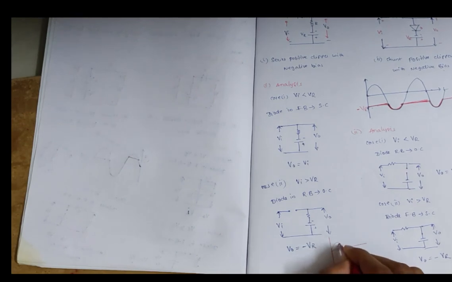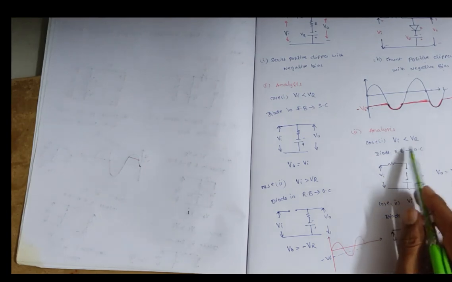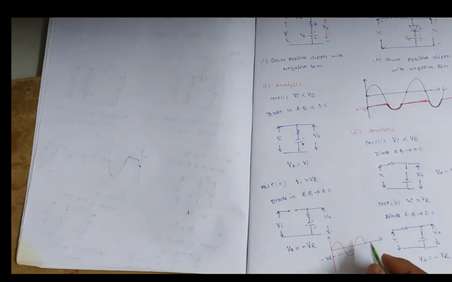This is our input signal, and this is our reference voltage minus VR. When Vi is less than VR, below the reference voltage, this part will appear in the output.